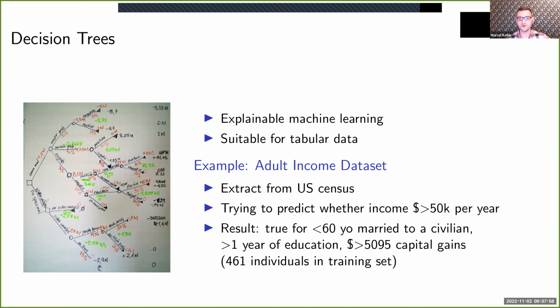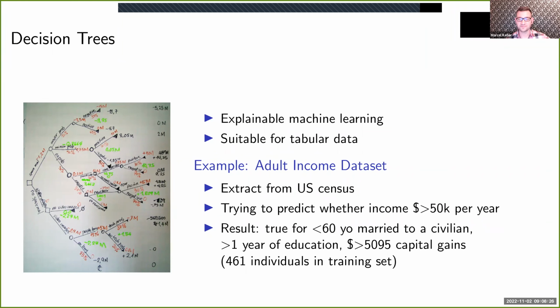It is also well known that decision trees are very suitable for tabular data, which is often the case with privacy-relevant data. So think of patient data. You have a patient record and you have certain attributes that come with that patient record, like measurements, blood tests, and so on.